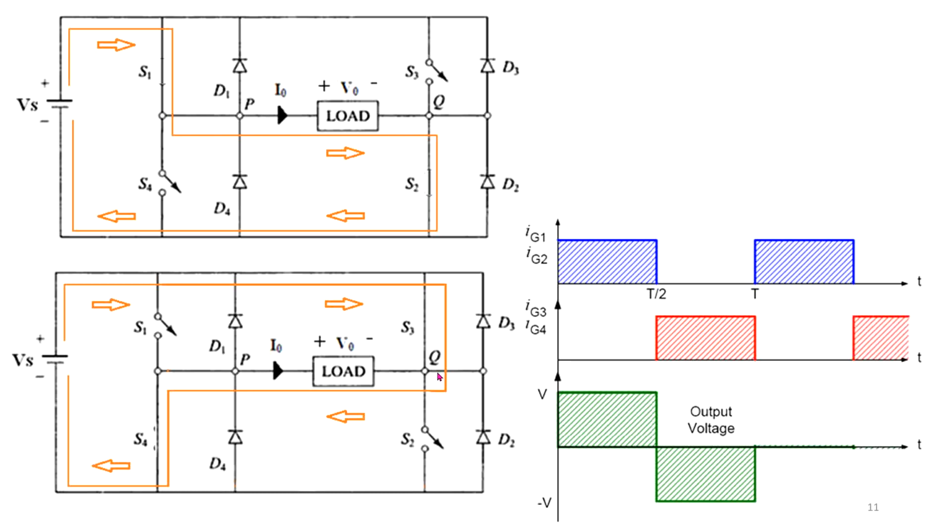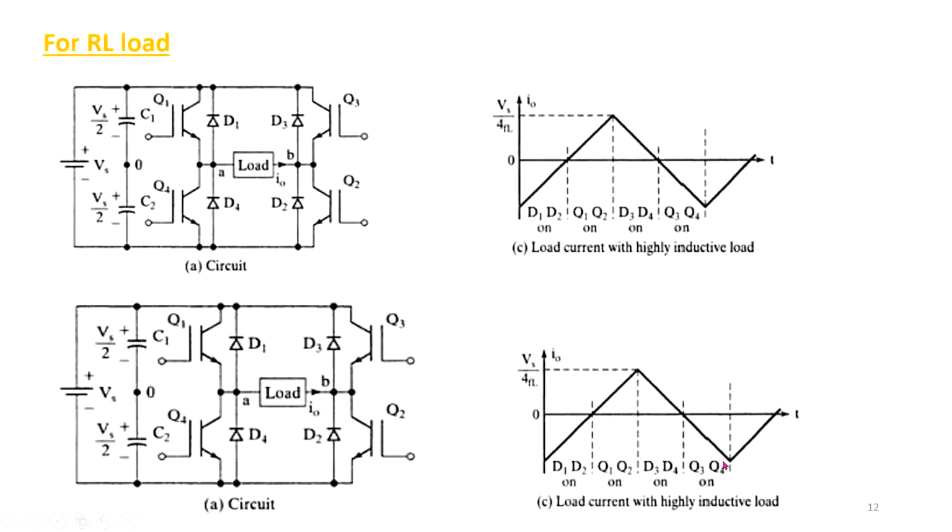A similar thing happens in the next cycle, and unfortunately this one is missing. For the RL load, for a very highly inductive load, this is the direction of the current through D3 and D4 when they are conducting, and since a highly inductive load won't allow the current to change abruptly, it will be a triangular shape. This is another shape, when D3 and D4 are conducting, then D1 and D2 are conducting.